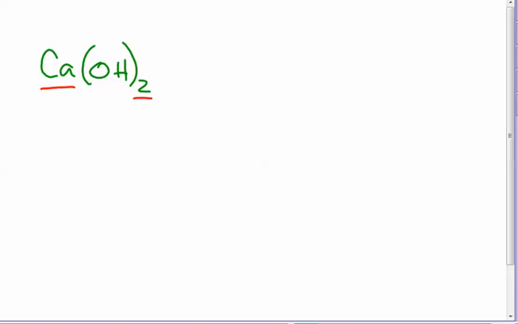What this means when you look at what the 2 outside of the parentheses is indicating is that we have 2 hydroxide polyatomic ions, which means that there are 2 hydrogen atoms.